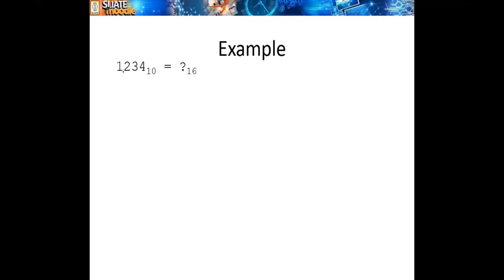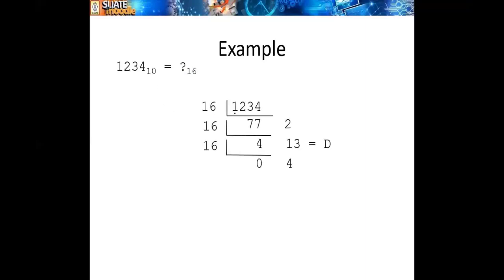So now 1,234, we have to find out how much in base 16. Here's the answer. 1,234 divided by 16, we get 77 times, and the remainder is 2. Now 77 divided by 16, 4. Remainder is 13. 4 divided by 16, we cannot divide, so 0, and the remainder is 4.